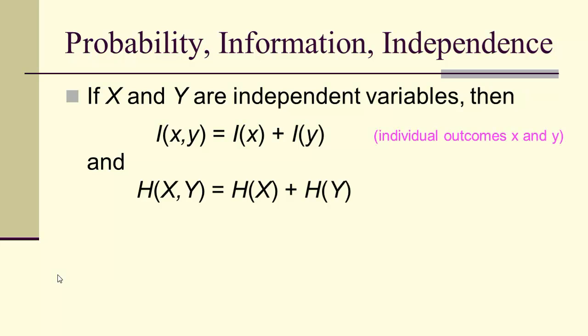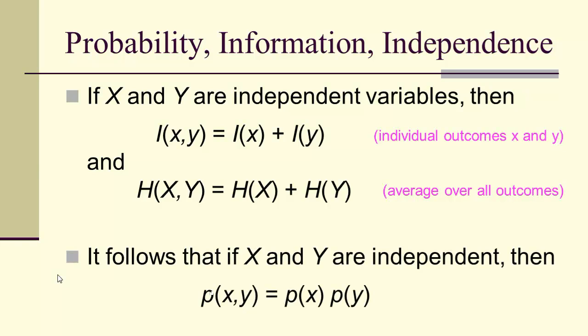And remember, I here measures individual outcomes, whereas H is averages over all outcomes. You can show pretty quickly that if X and Y are independent, just using properties of logarithms, then the joint probability of x and y is just the product of the individual probabilities.